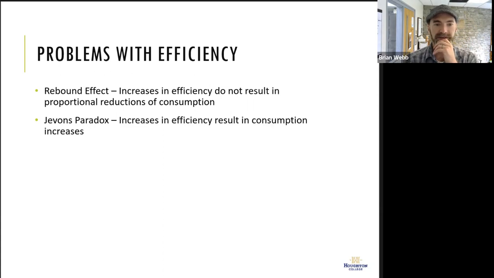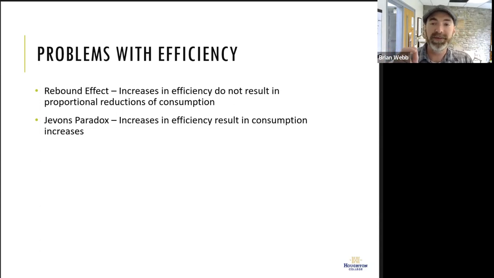In other words, if you make a car 20% more efficient, you're not going to get 20% less gas consumed.